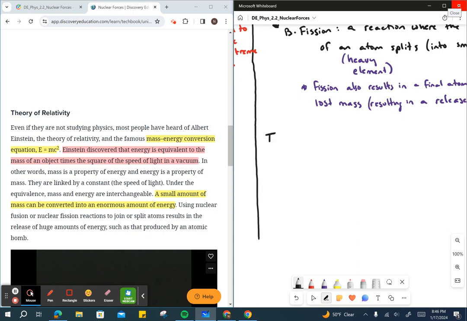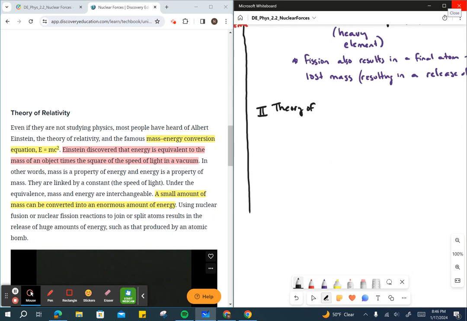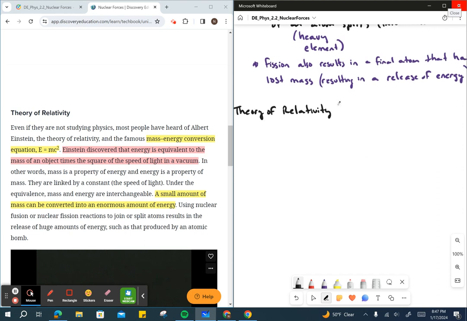Roman numeral 2, the theory of relativity. And we can thank Einstein for this. Developed by Einstein.